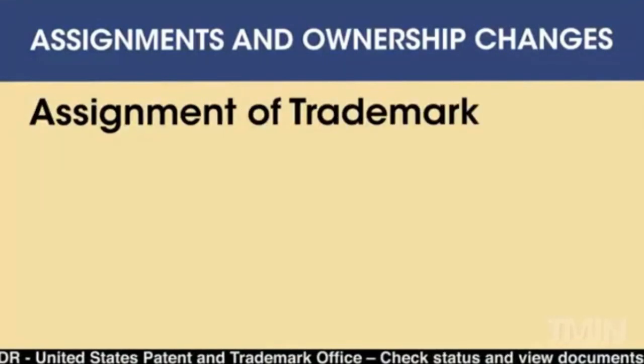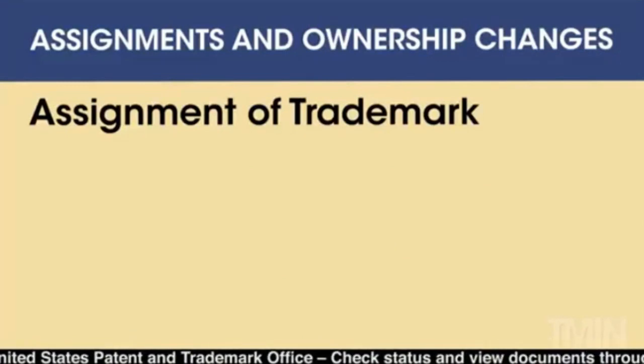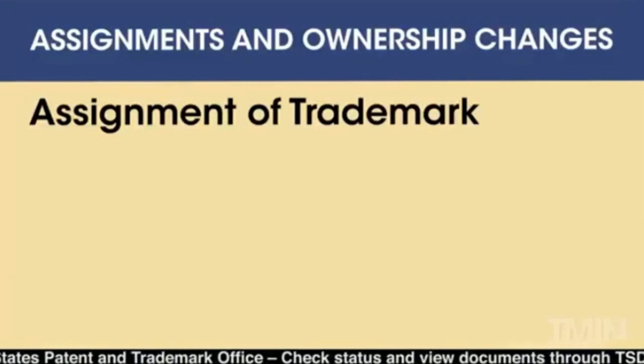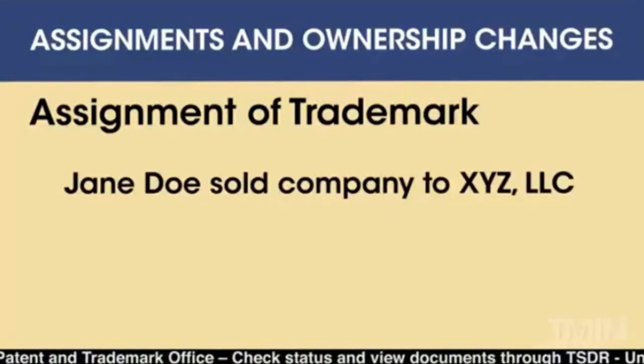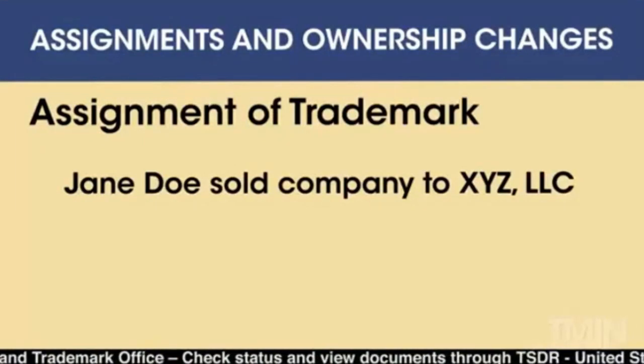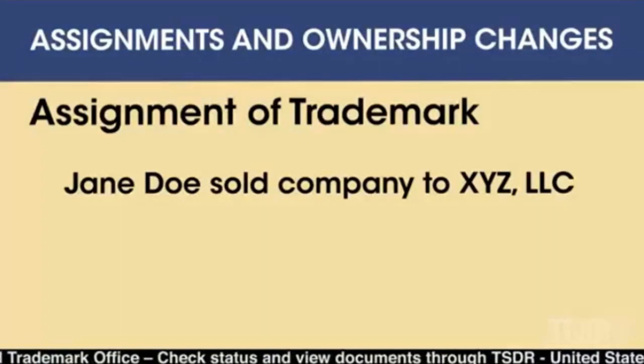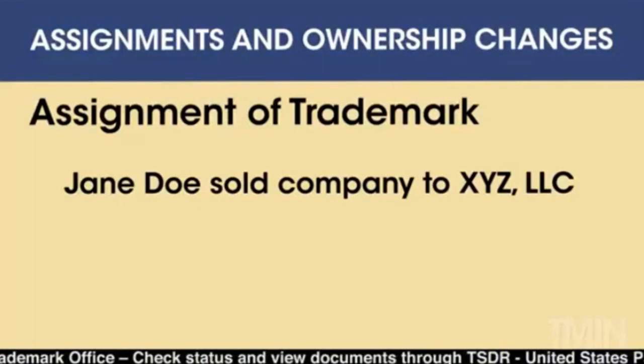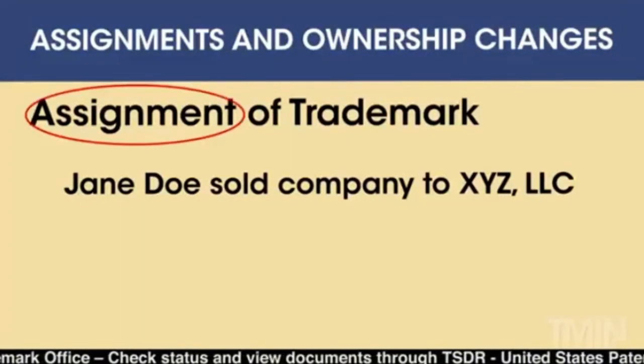Assignment of the trademark. Here, one party transfers, sells, or assigns its trademark rights to another person or business, so the owner of the mark changes. For example, say Jane Doe sold her company, along with its federally registered trademark, to XYZ LLC. This transfer of ownership is called an assignment.